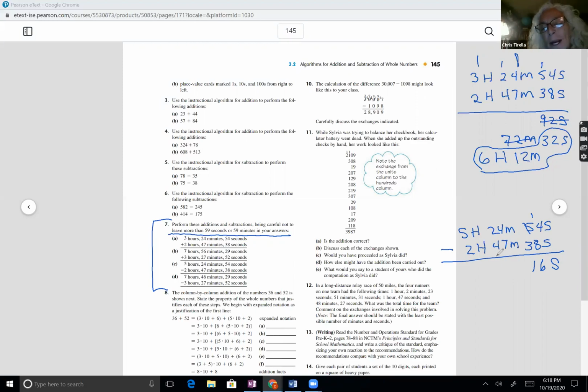But now, wait a minute. Can I take 47 away from 24? No. So I'm going to have to do an exchange. So over here, this will become 4 hours. But when I add an hour, how many minutes am I really adding in? 1 hour is how many minutes? 60.